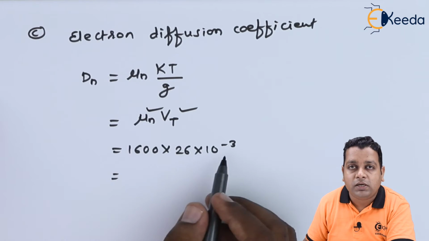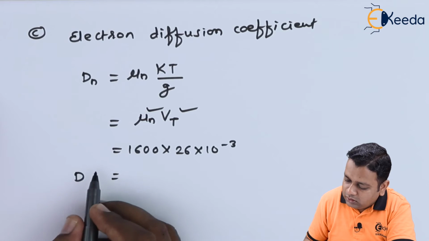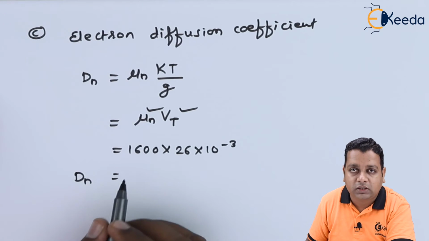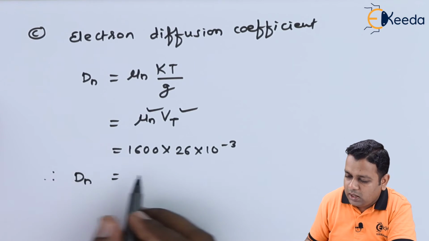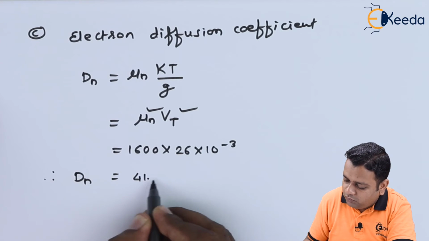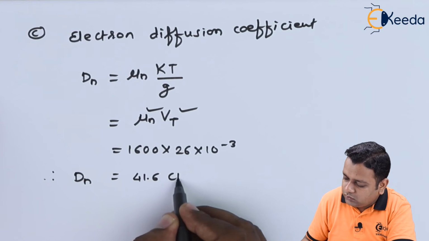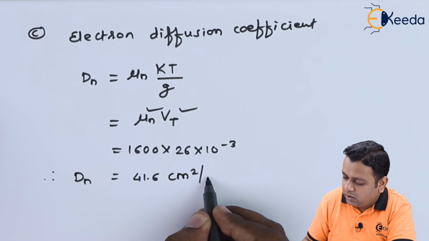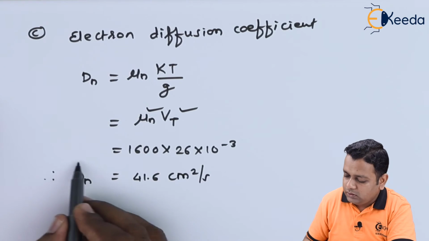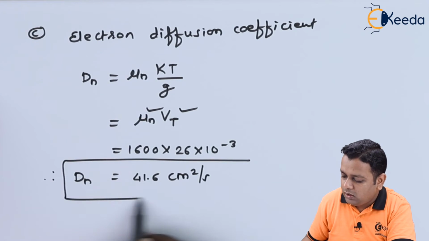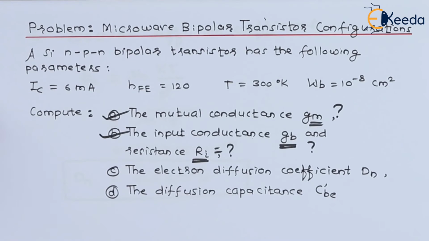So finally the multiplication gives us the electron diffusion coefficient Dn computed as 41.6 in terms of centimeter square per second. So this is the answer for part C. Here we are finished with finding the solutions for part A, B and C.